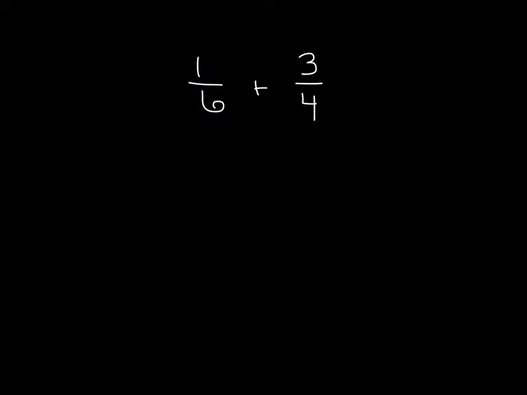Okay, 1 over 6 plus 3 over 4. Those are not like denominators, and we can't add them unless we have like denominators. So we need the smallest number that 6 and 4 will go into, and that would be 12.